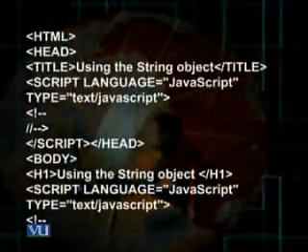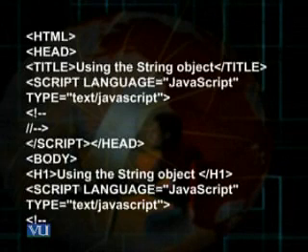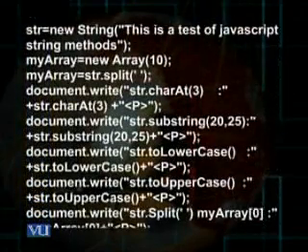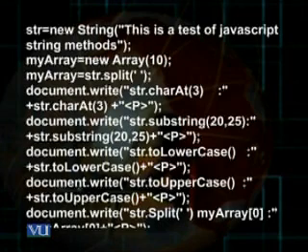On the screen, you can see there is a code for the string object. I start with the HTML tag, then there is the head tag, title tag, and then the body tag. Then within the body tag, I create an h1 tag and I write, using the string object, an h1 level heading, and then the script tag, language JavaScript, type text/javascript, and here I create an instance, or in other words, a copy of the string object.